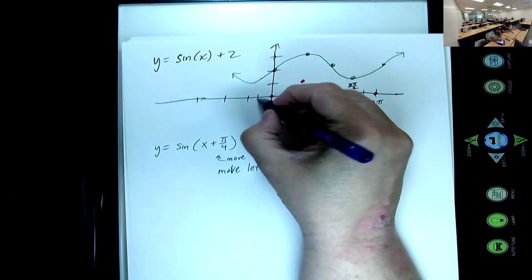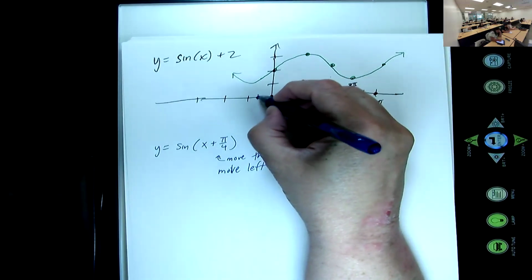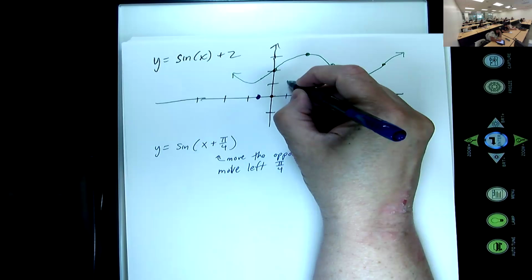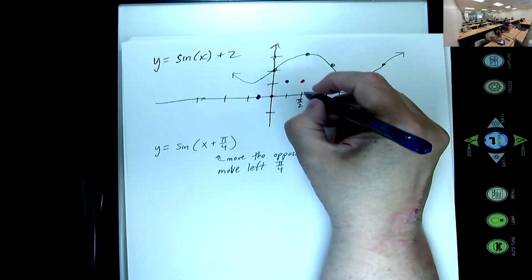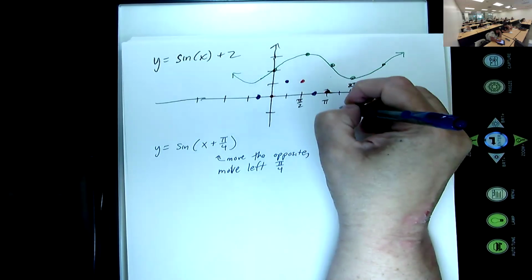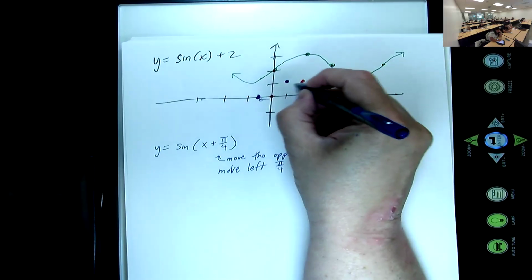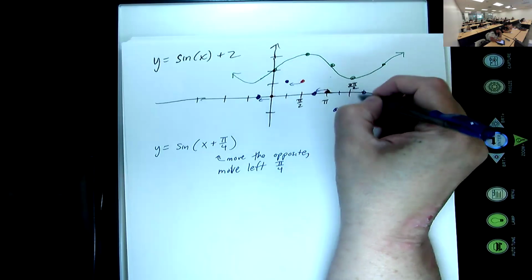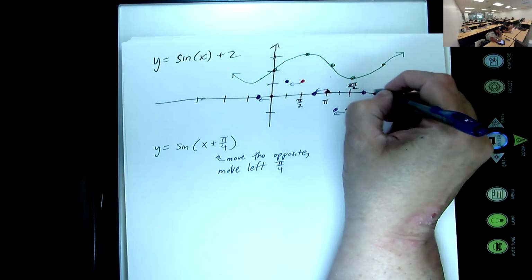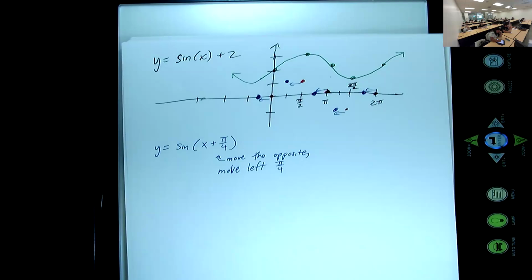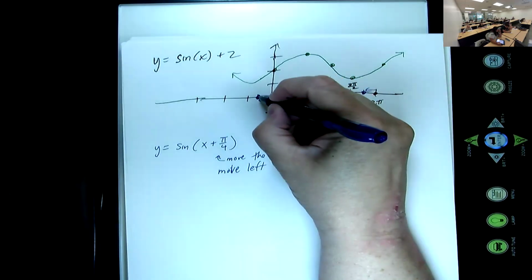And what happens is we shift all of our points left pi over 4. So this is going left, left, left, left, left, and we do our wave now.